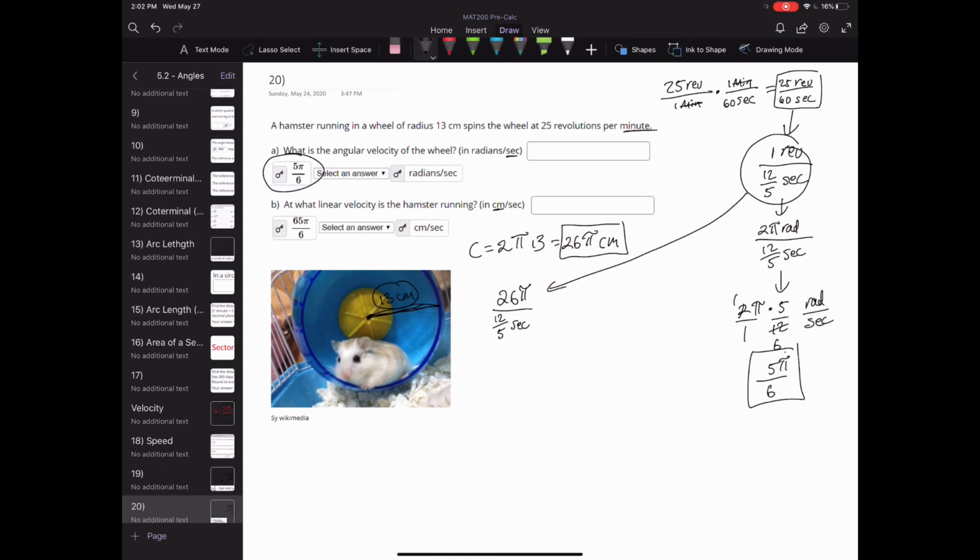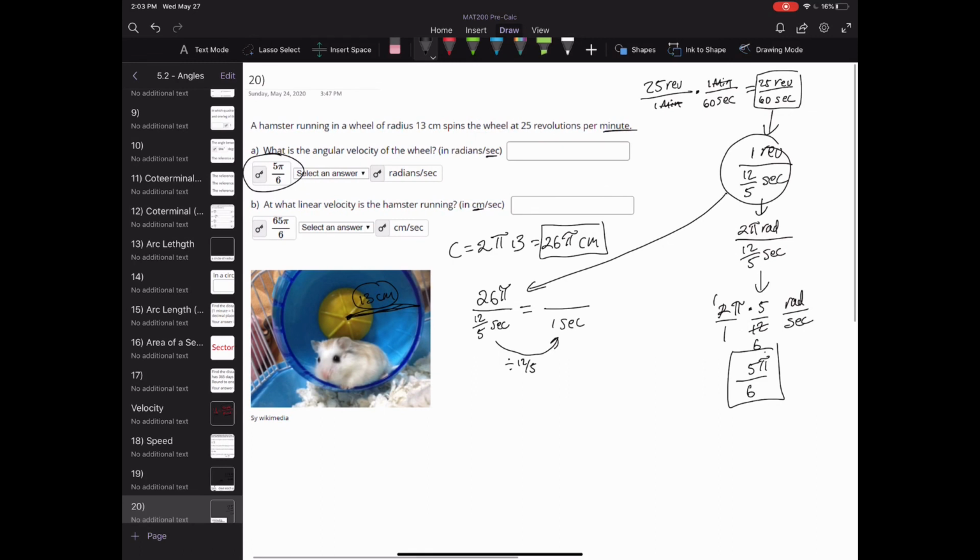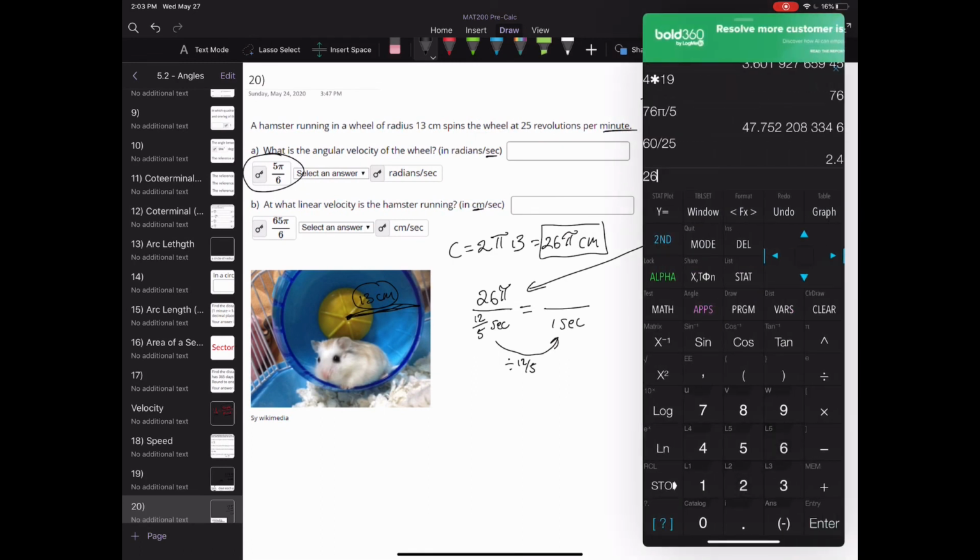And all I'm going to do is convert that to 1 second. So how do I go from there to there? I divided by 12/5. 12/5 divided by 12/5 is 1. So let's do the same thing for that 26 pi. 26 divided by 12/5. I should have typed that in parentheses.